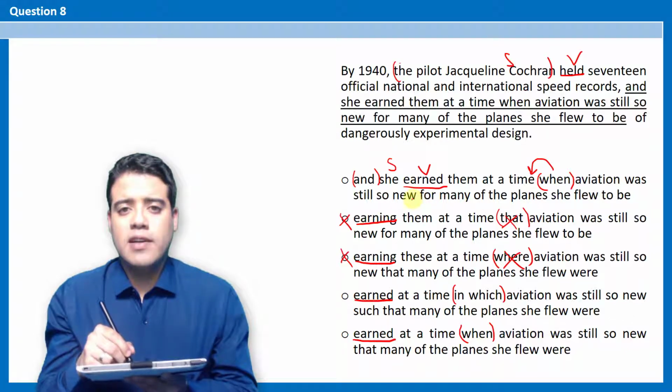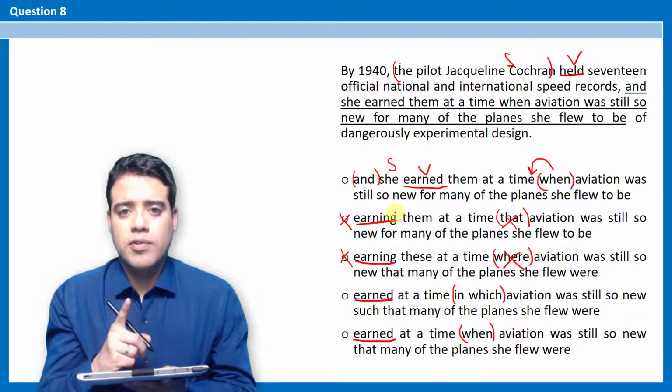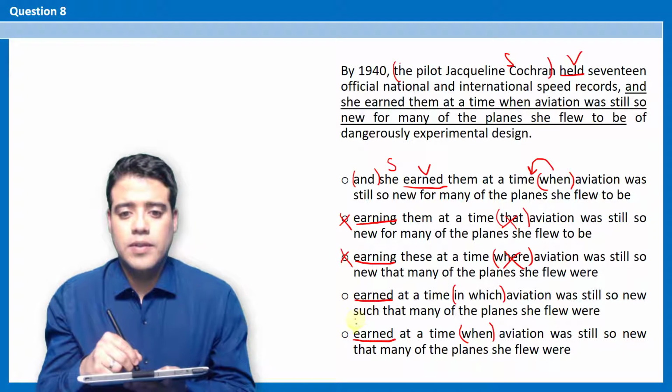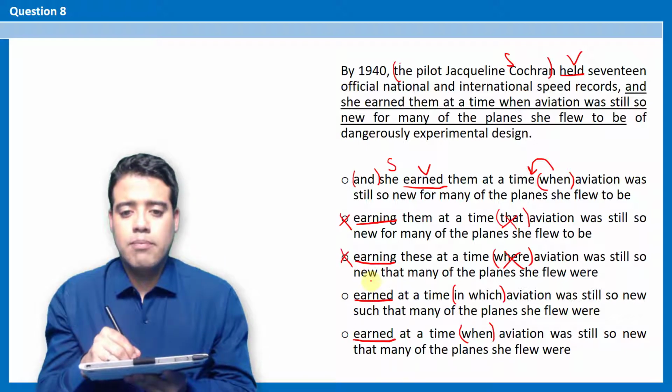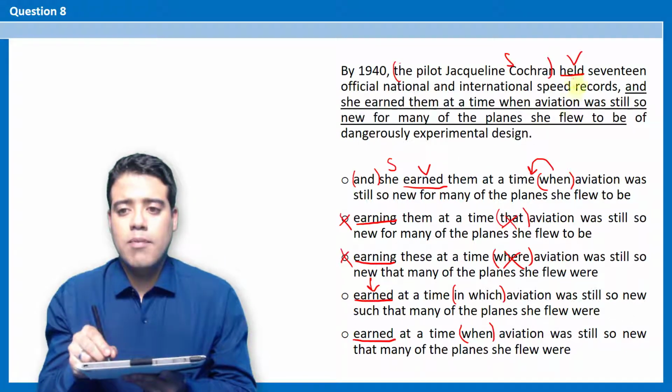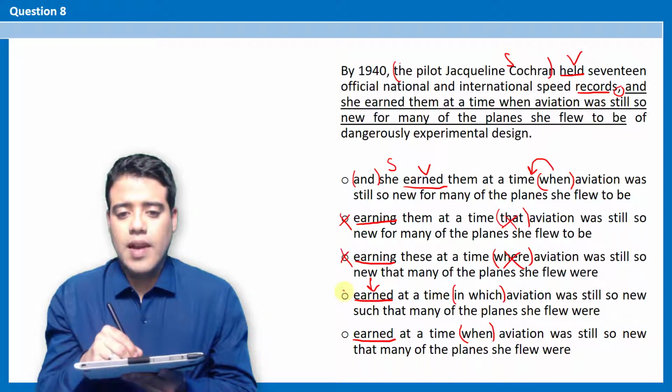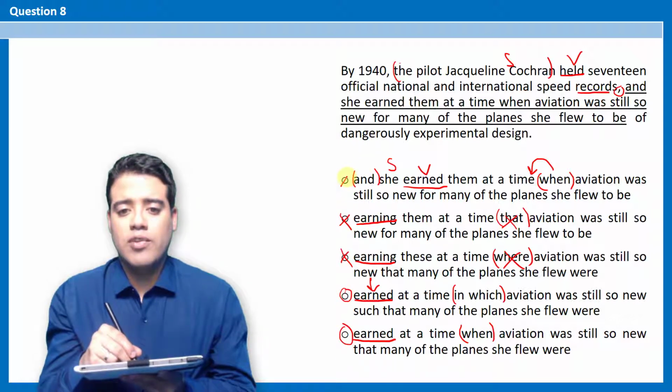But it's always better to have only one main clause, if you have that option. For example, in the last 2, you're using the past participle earned, and remember that past participles can modify the noun before this comma. In other words, earned describes speed records. Okay, so I would prefer to use a modifier rather than an entire clause.